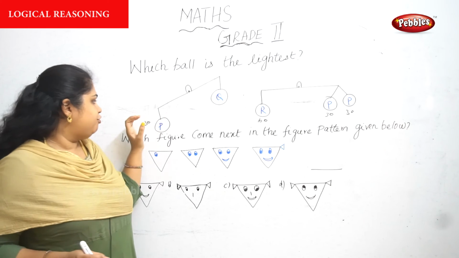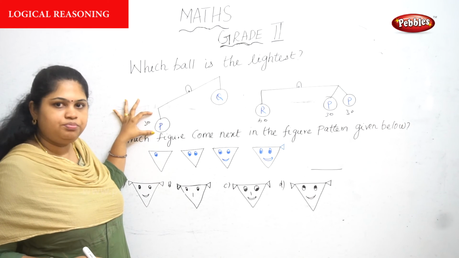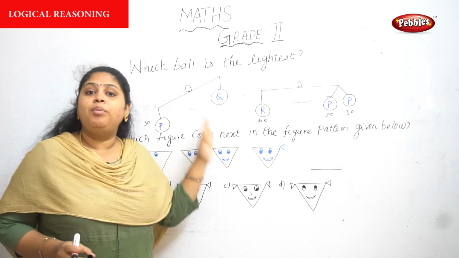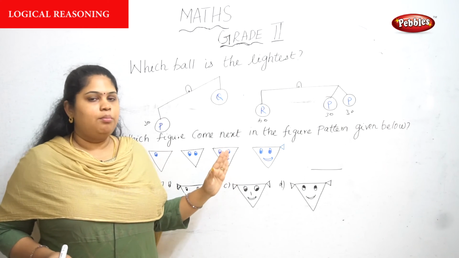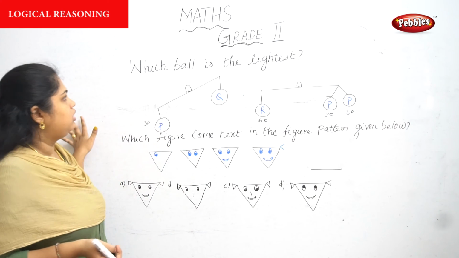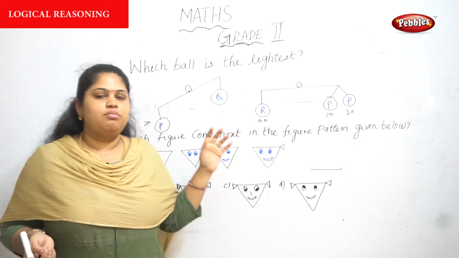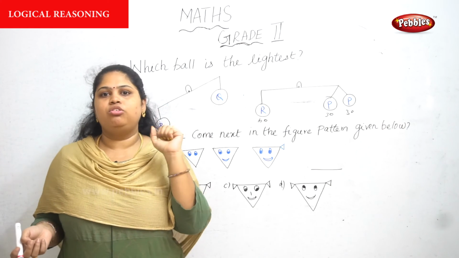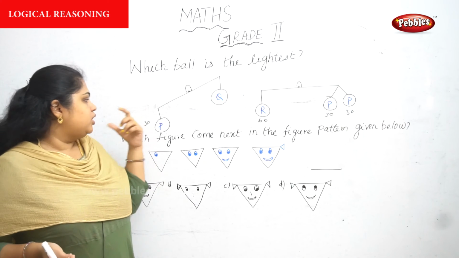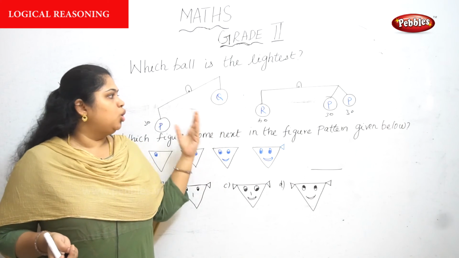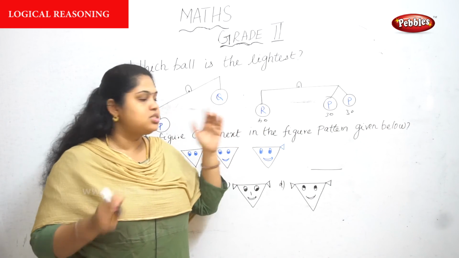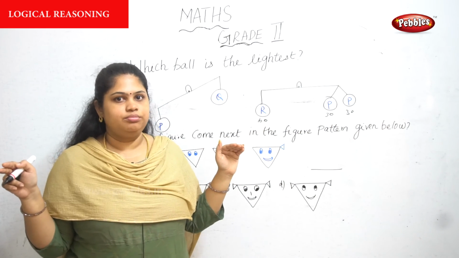Next, if I put 130 kg here and one more 30 kg here, it may come down. So we cannot determine which is the lightest, because without the particular weights given, we cannot determine. So the answer we cannot find out. Maybe Q is the lightest one, because for R, if you put 2P only, R is standing on a straight line.